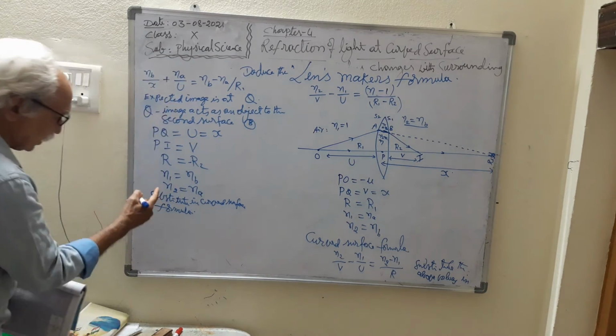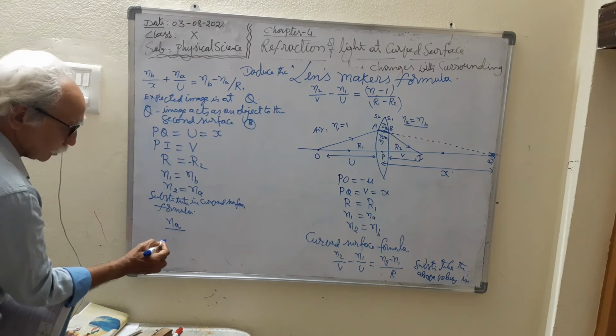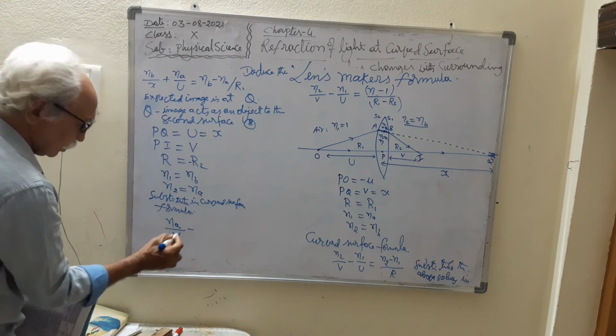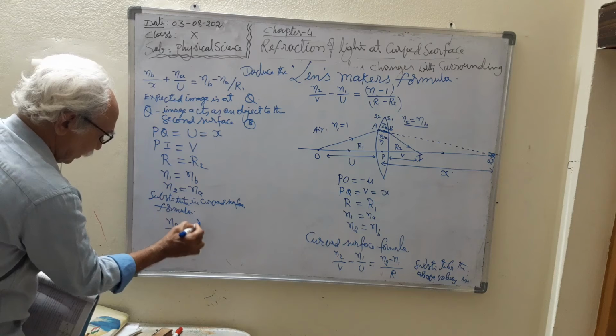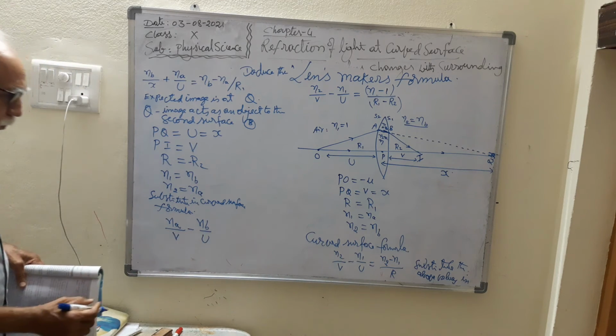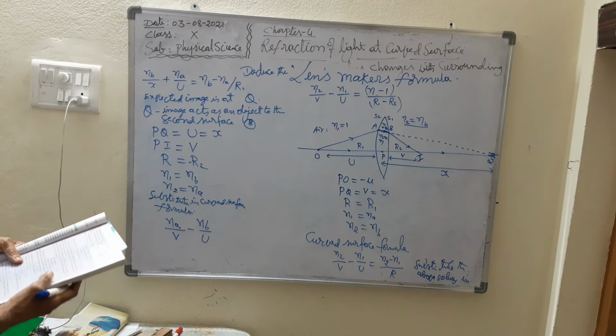N2 by V, where N2 is equal to NA, so NA by V, V is equal to V only, minus N1, N1 means NB, NB by U. U is a plus.